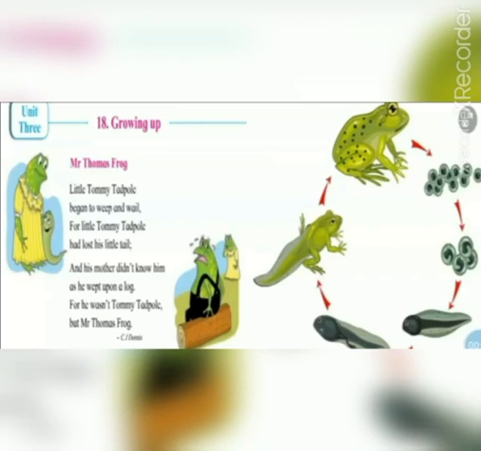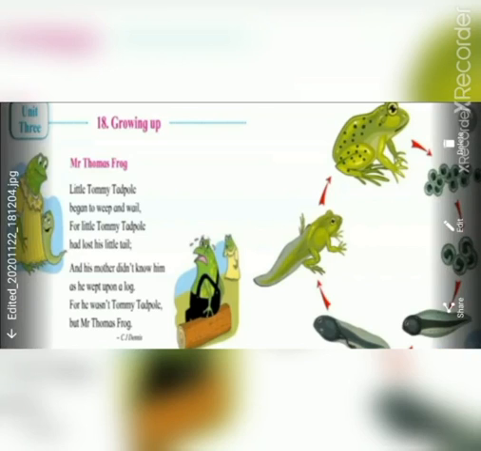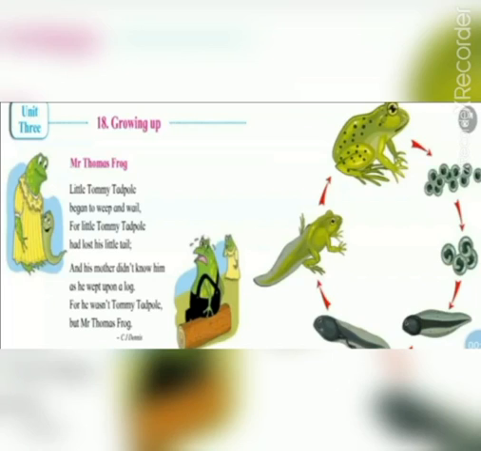And his mother didn't know him as he wept upon a log. What happened? This tadpole goes on crying, and alone it was sitting on a log. Log means a piece of wood.